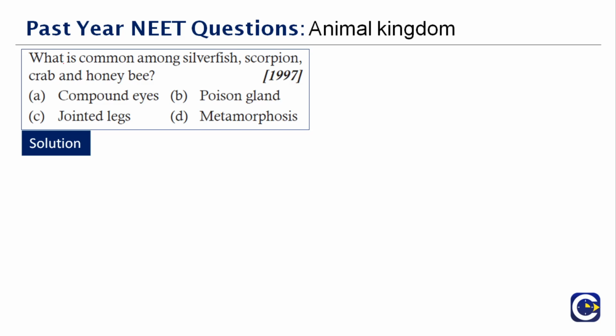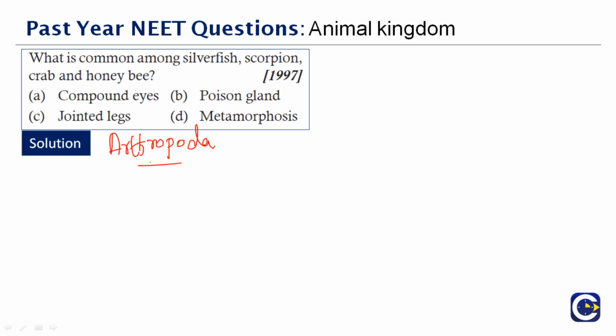Now, there is a common thing among all this. All the four that are mentioned here belong to arthropoda. We first need to identify that. Arthropoda is characterized by the presence of jointed appendages. I've already explained in the earlier question the characteristics of arthropods, where I explained that jointed appendages is a very unique characteristic of arthropoda.